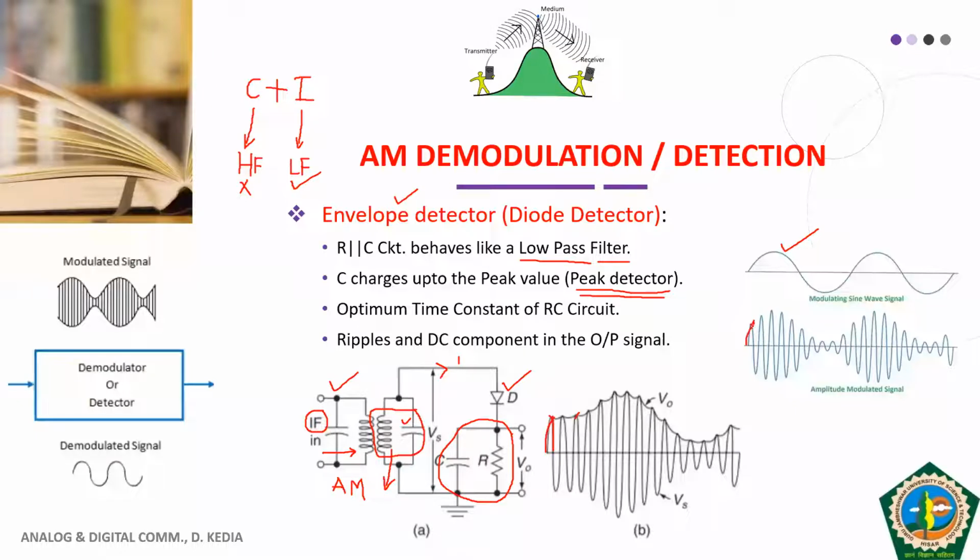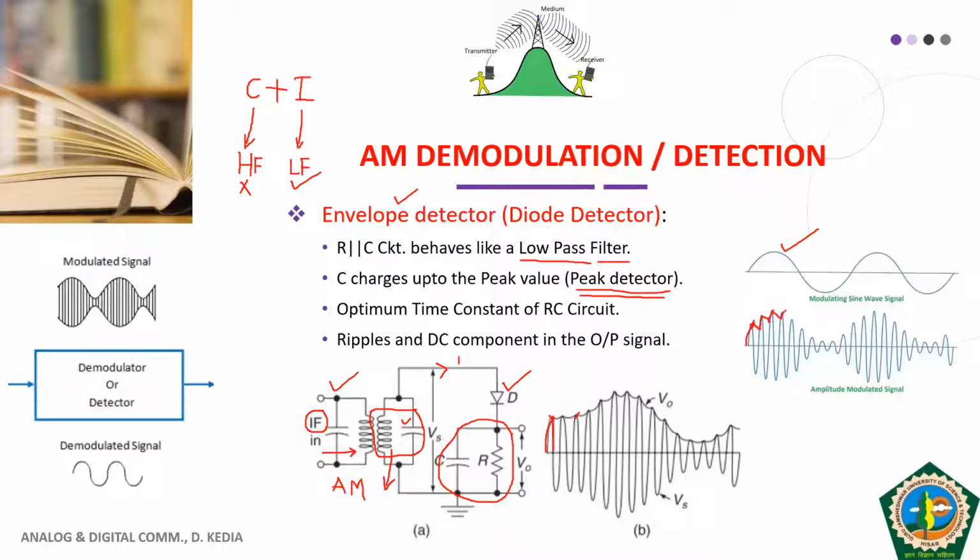Then, since my signal is decreasing and moving towards the negative side, obviously my capacitor will try to discharge. As soon as the signal again increases, my capacitor will again charge up to this point, then again have a tendency to discharge for the time when my signal is going down. Then the next peak comes and my capacitor again recharges to the new peak value, then tries to discharge, and then again the peak is detected.